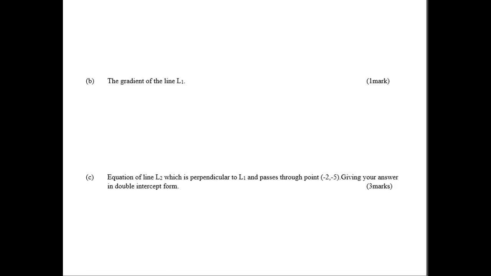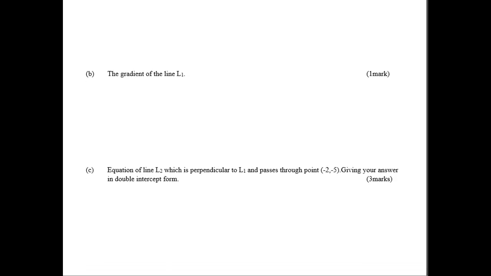Yes. Great. Now, at that point, we have point -2, -5. We have a general point xy, and then we have the gradient, which is a half, as we have agreed.